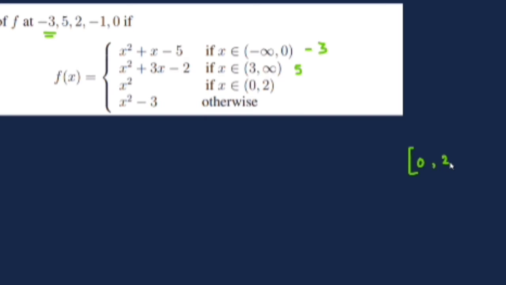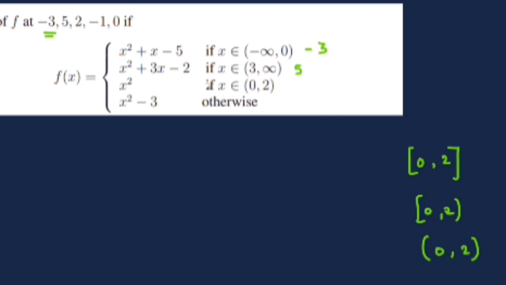When you say closed bracket, that means 2 is included. When I put a closed bracket like this, 0 and 2 are included. If I put like this, 0 is included, 2 is not included. If I put open bracket for both, 0 and 2 both are excluded.